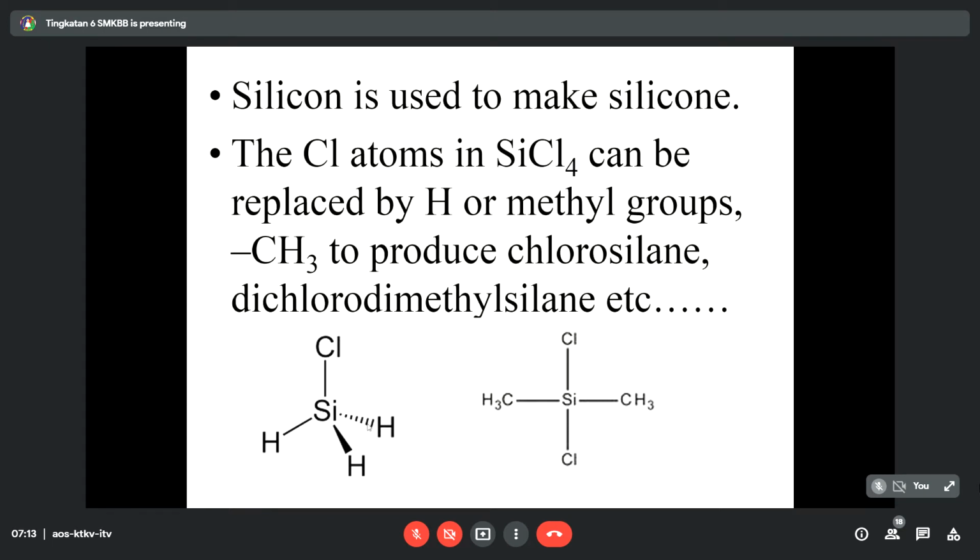So this is the starting of silicon. You start from the silicon tetrachloride, SiCl4. You replace the Cl with others, then it will be the starting material for silicon, the monomer.